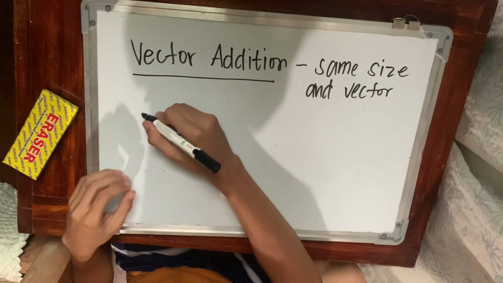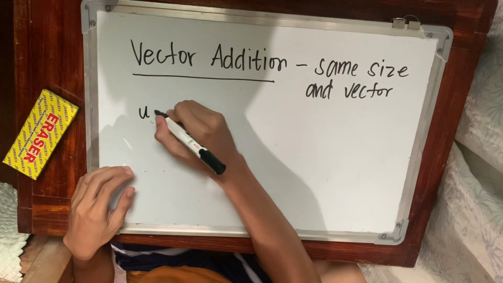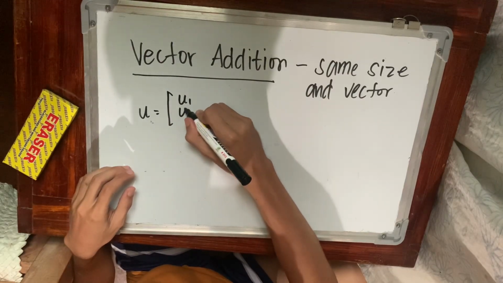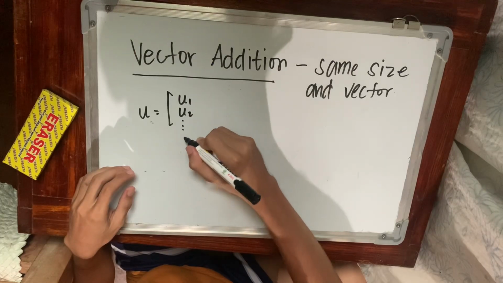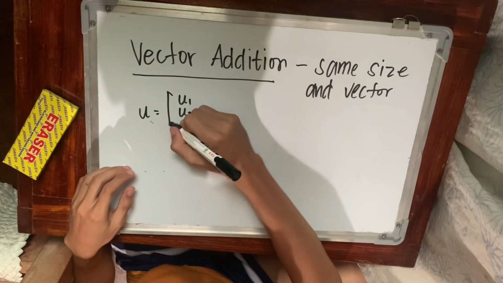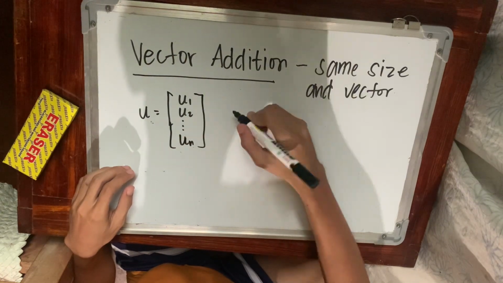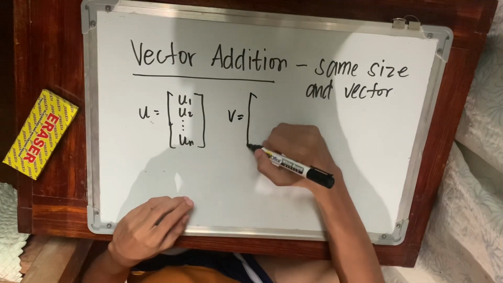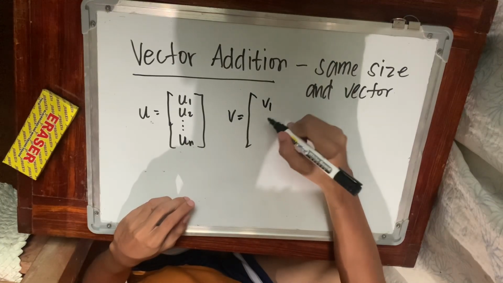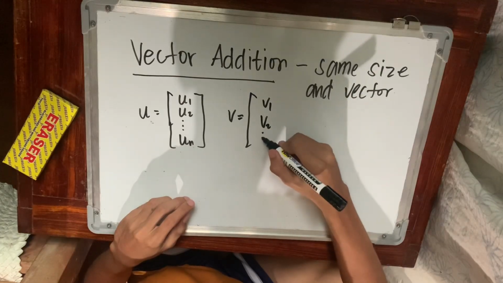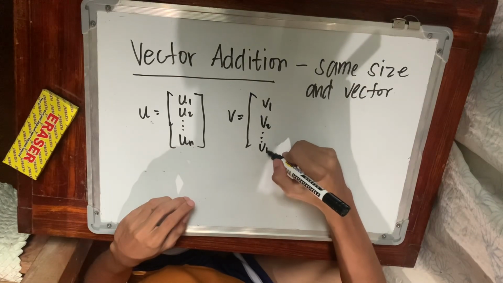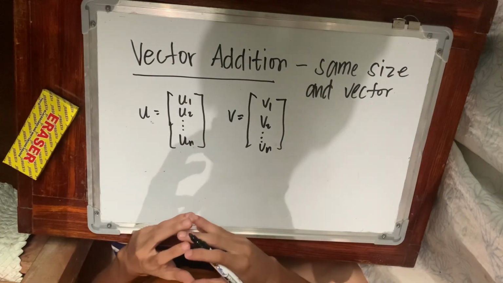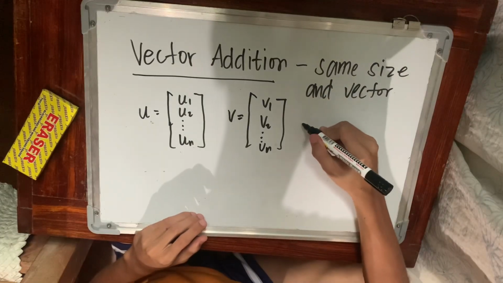Suppose that we have vector U equal to U sub 1, U sub 2, up until U sub n, and the other vector we call V: V sub 1, V sub 2, up until V sub n.